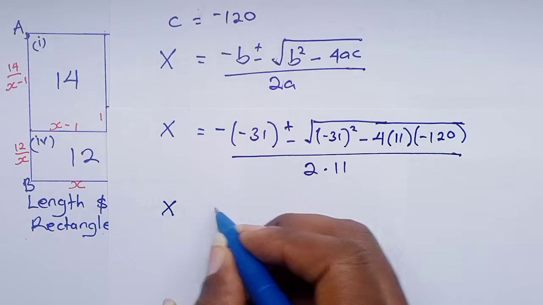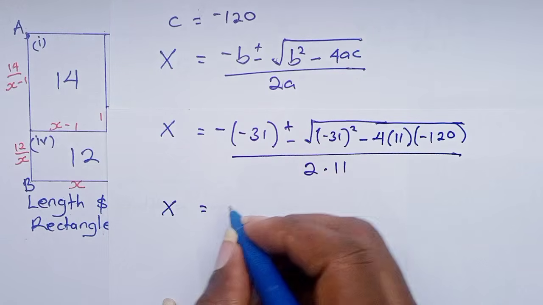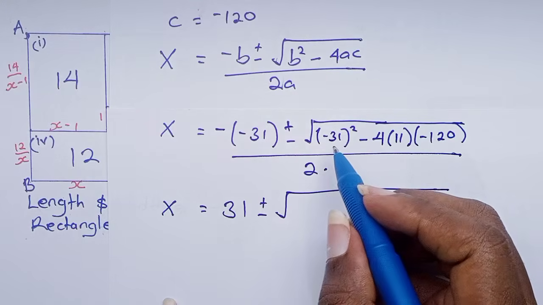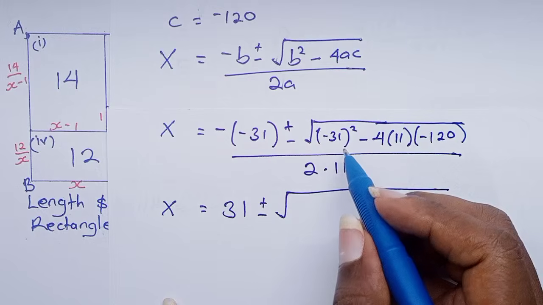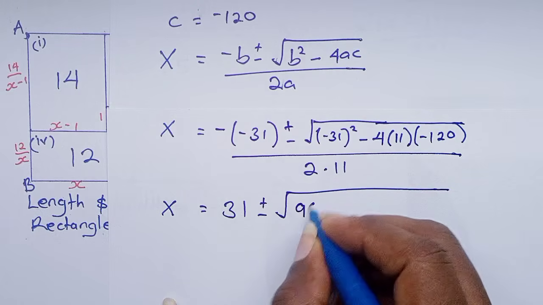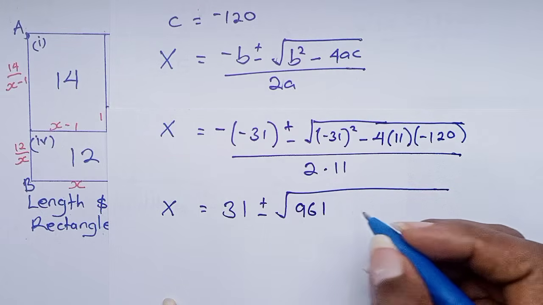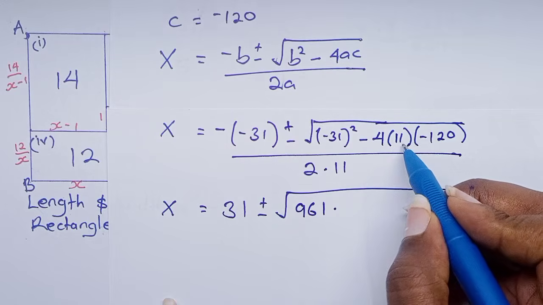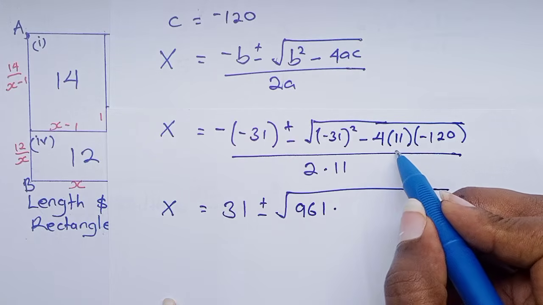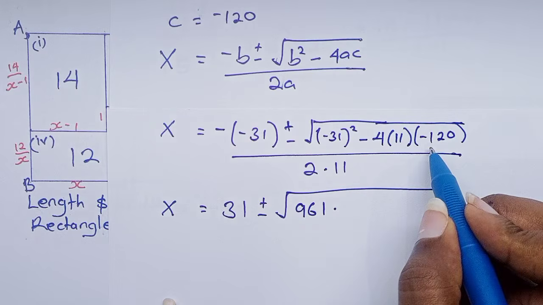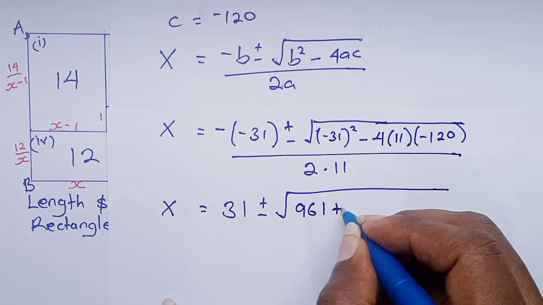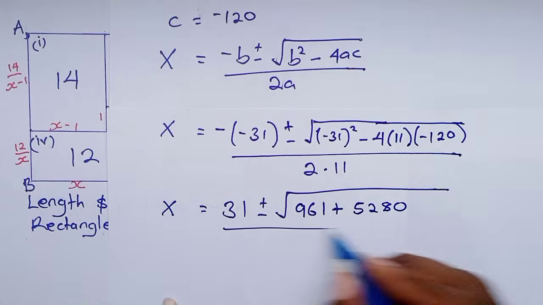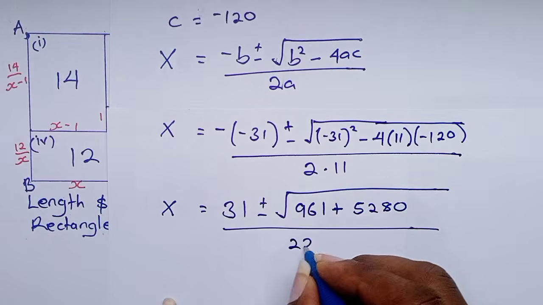So x equals negative times negative is positive, so 31 plus or minus root of negative 31 times negative 31, which gives us 961. Then minus negative 4 times 11 gives us negative 44. Negative 44 times negative 120 gives us positive 5280. This is over 2 times 11, which is 22.